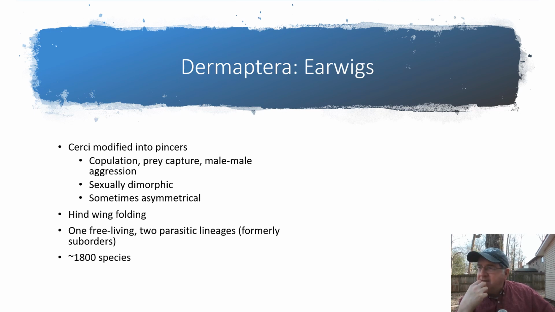And maybe I should say this in the context of all of these relationships within the Polyneoptera that Misof et al. propose: I'm not going to be very surprised that with an increase in what the systematists call taxon sampling, that is, an increase in the number of species that are sequenced and analyzed in the course of a phylogenetic study, we find that some of these relationships that they found, even though the analyses give them high bootstrap support, I will not be surprised to see some shifting around in there.